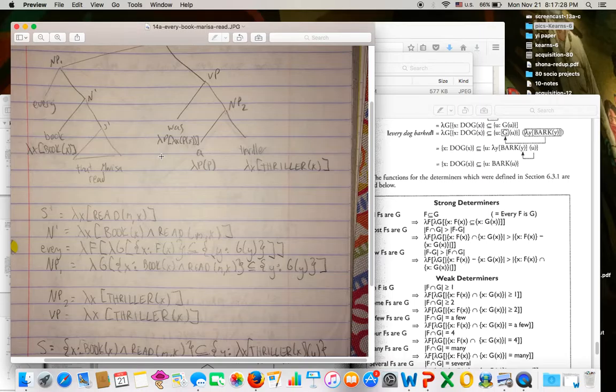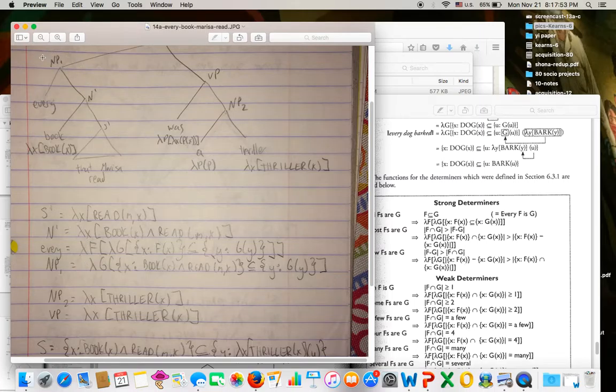So then the first one-place predicate that every is combining with is this full N bar, right? So even though it's a complex predicate and it has 2 parts, it's still just a one-place predicate because it just has a single lambda x expression. Okay, so we combine that with every, and it plugs in for the lambda f of every.